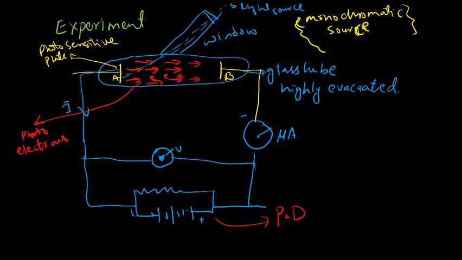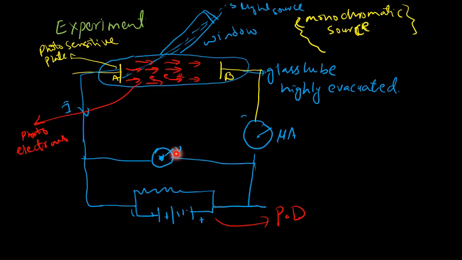When we apply a potential difference between plates A and B such that plate A is at negative potential with respect to plate B, the photoelectrons emitted from plate A are accelerated towards plate B. The photoelectric current flowing in the circuit is measured by this microammeter, and the accelerating voltage is measured by this voltmeter V.